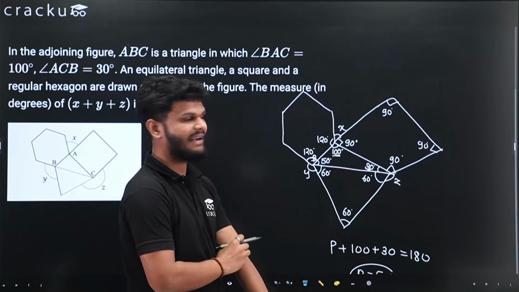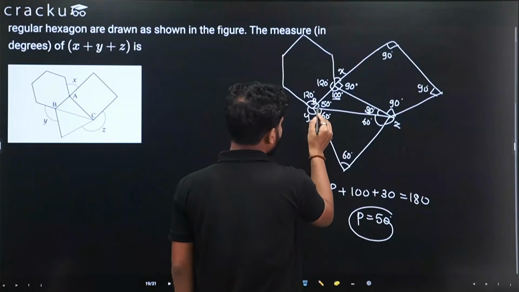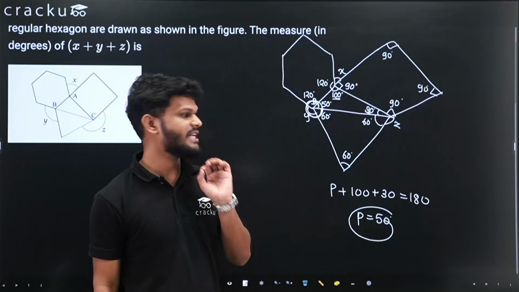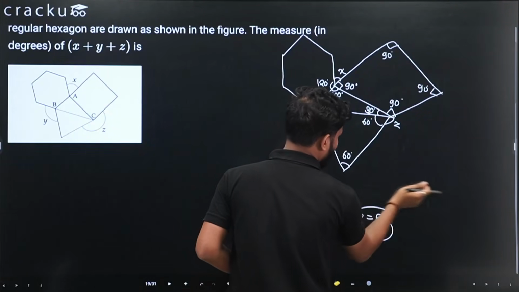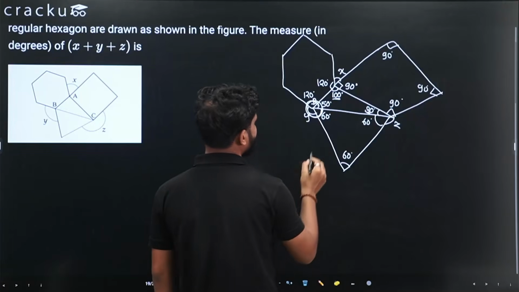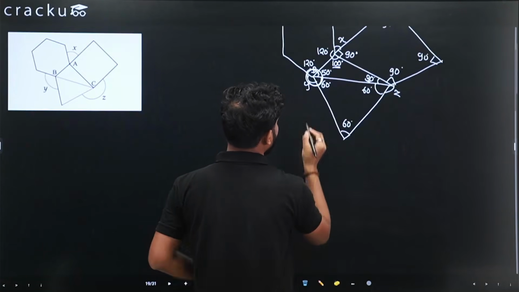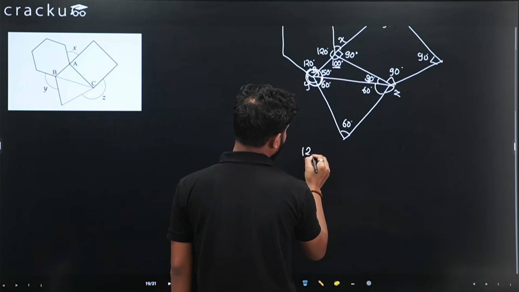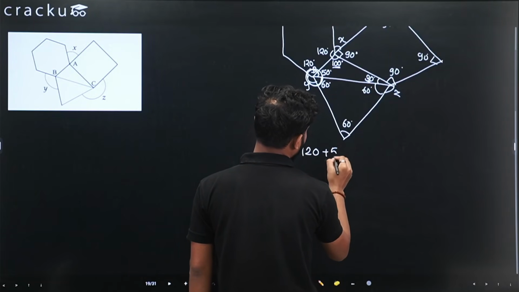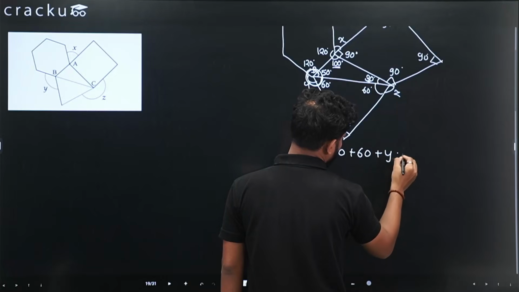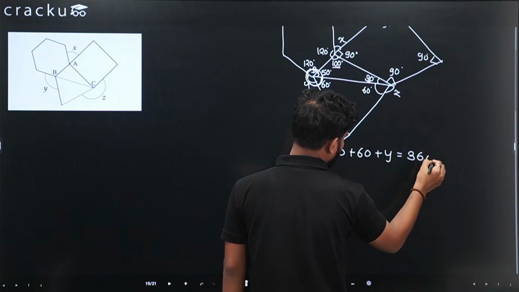Now look at every juncture. At this juncture a complete circle is there. So it will be 360 degree, right? For a complete angle it will be 360 degree. So 120, 50, 60 plus y. Let us find out y first. So 120 plus 50 plus 60 plus y is equal to 360 degree.